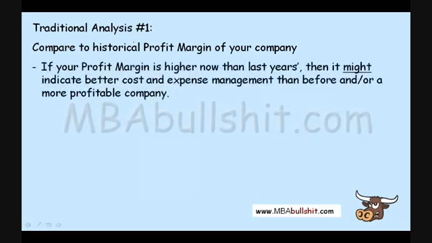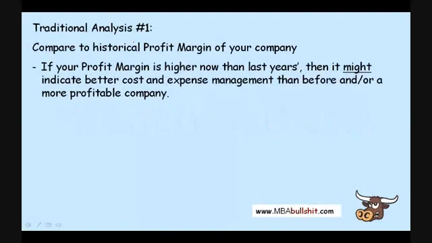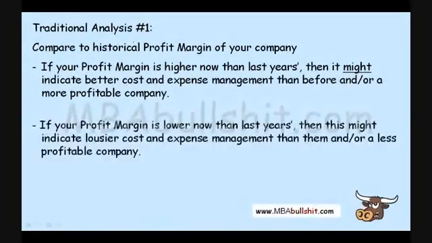If your profit margin is higher now than last year's, then it might indicate better cost and expense management than before, and may also indicate, I use the word indicate because it's not 100% sure, it's just an indicator, a more profitable company. If your profit margin is lower than last year's, then this might indicate lousier cost and expense management than earlier years, and or a less profitable company.